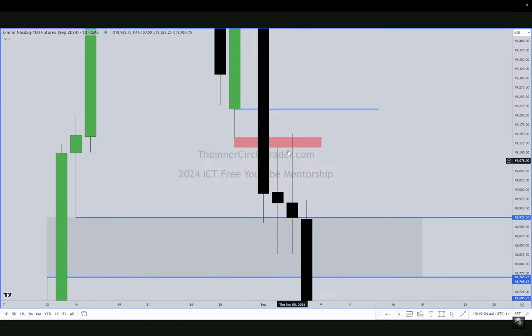We wait for price to go up into it because what is that doing? It's offering the sell side delivery. That means it's overlapping this down movement between this candle's low and this candle's high. It's inefficient because it didn't have any other candlestick cross over the range defined by this candle's low and this candle's high while price was going up.